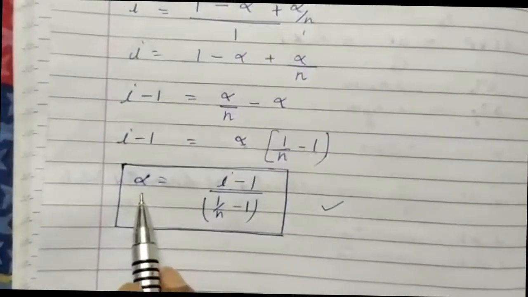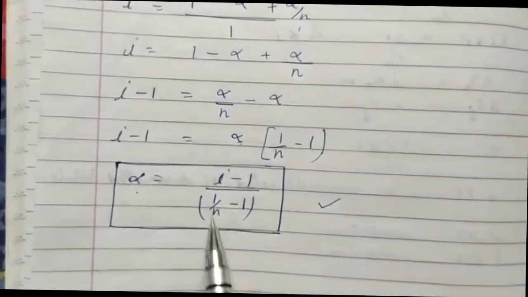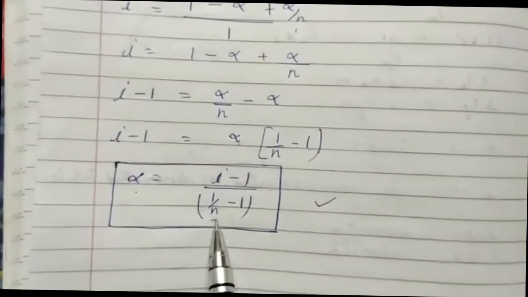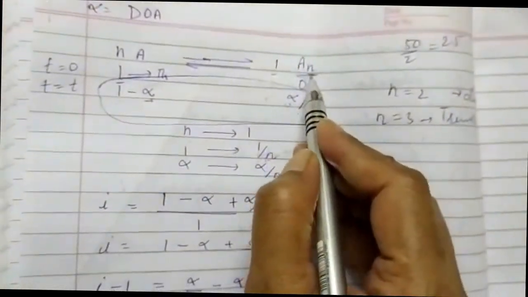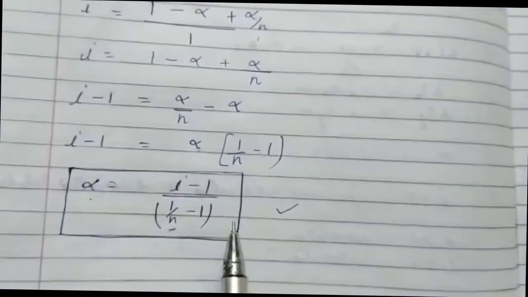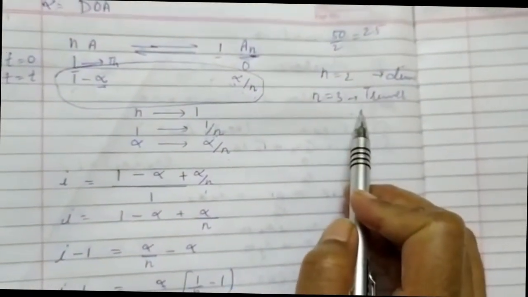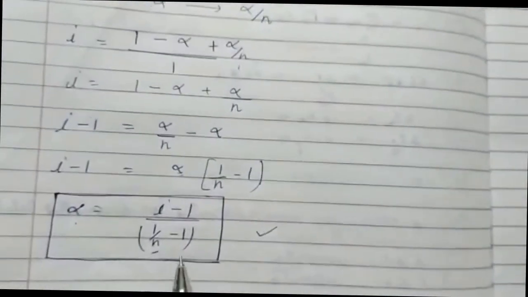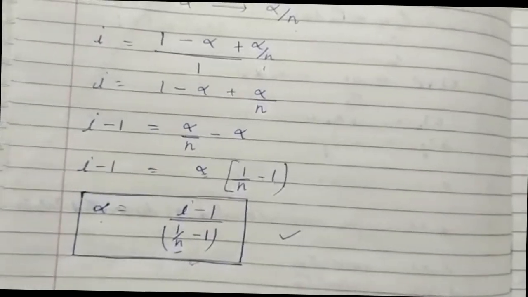Alpha is the degree of association, i is the Van 't Hoff factor, and n is the number of particles associating with each other. For dimerization, n value will be 2; for trimerization, 3; and for tetramerization, 4, and so on. So we have to remember this formula.